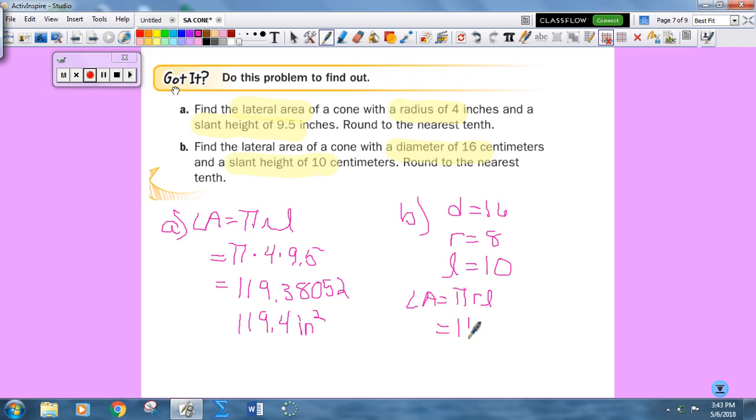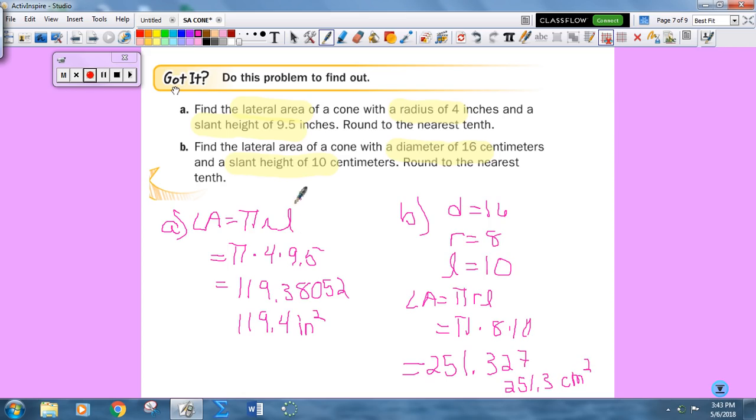So it's pi times 8 times 10. I do that on my calculator, and I get 251.327, which rounded to the nearest tenth is 251.3 centimeters squared.